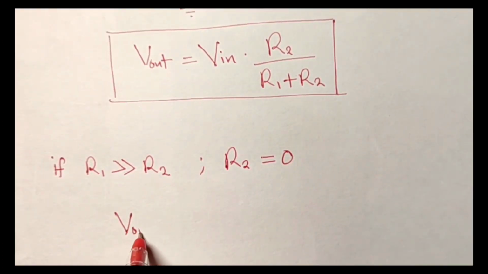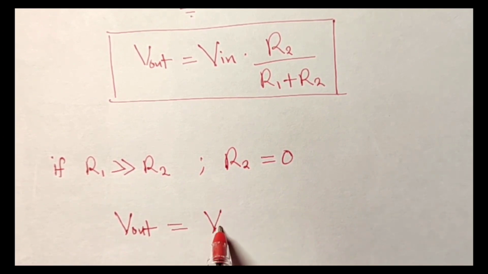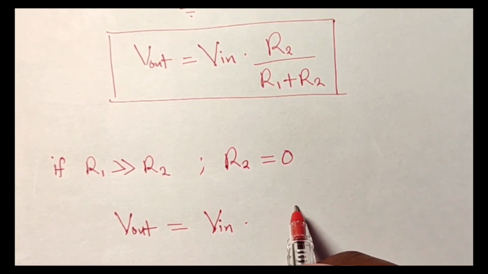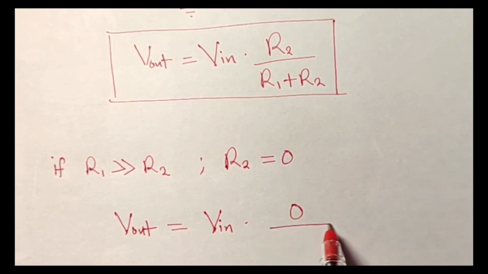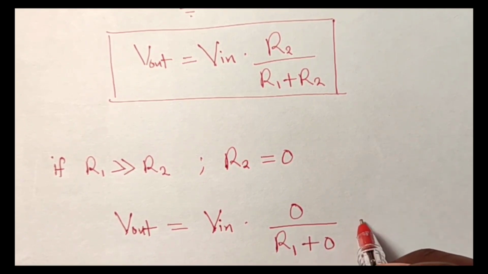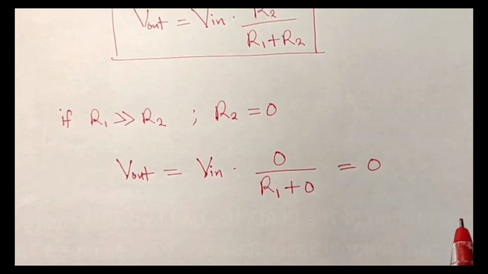So we have V out equals V in multiplied by R2, now 0, divided by R1 plus 0. So this will give you 0.